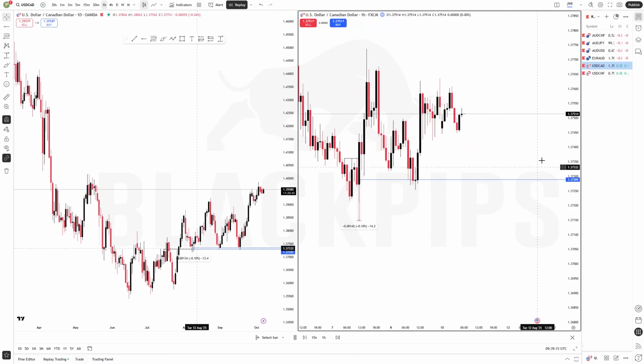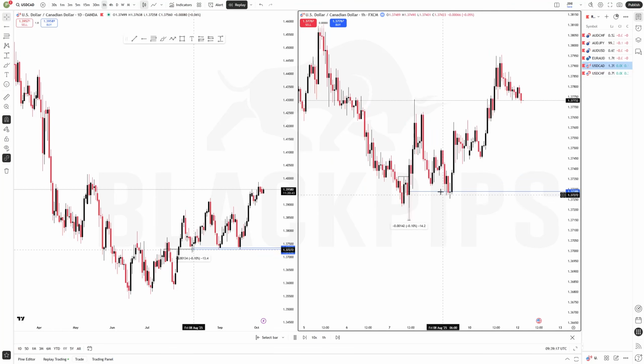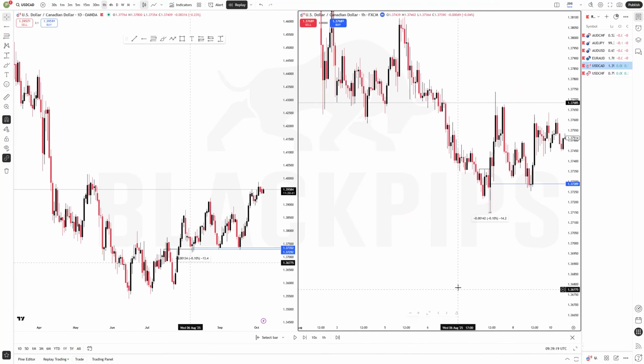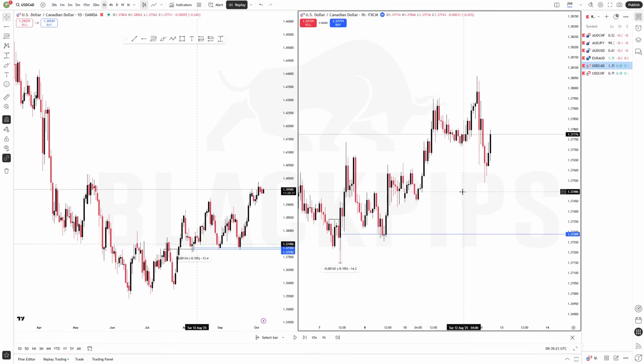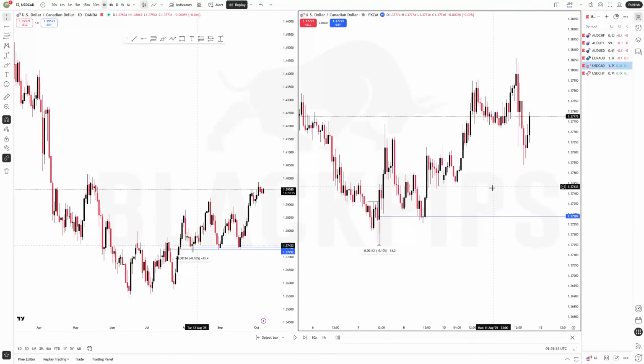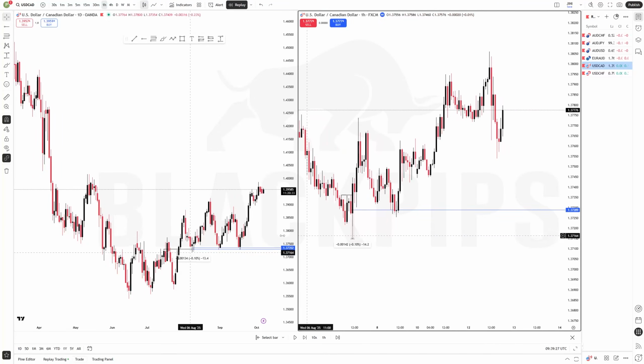You can see the price just came, reacted to that point, and then moves above. Yes, so that is how we took this entry, which is the entry type 2. And now let's move on.